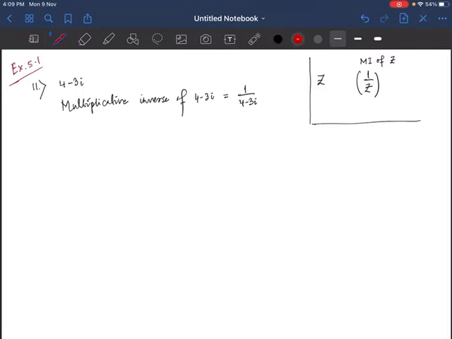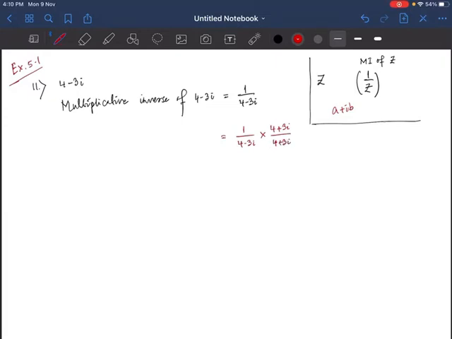We have to write every single answer in the form a plus ib. So for that I need to multiply the denominator and numerator by 4 plus 3i to transform the denominator into a real number.